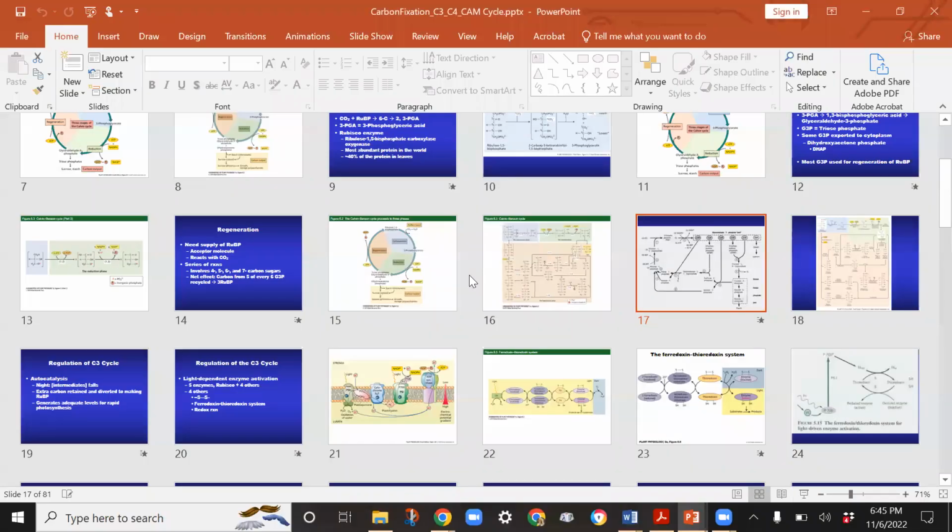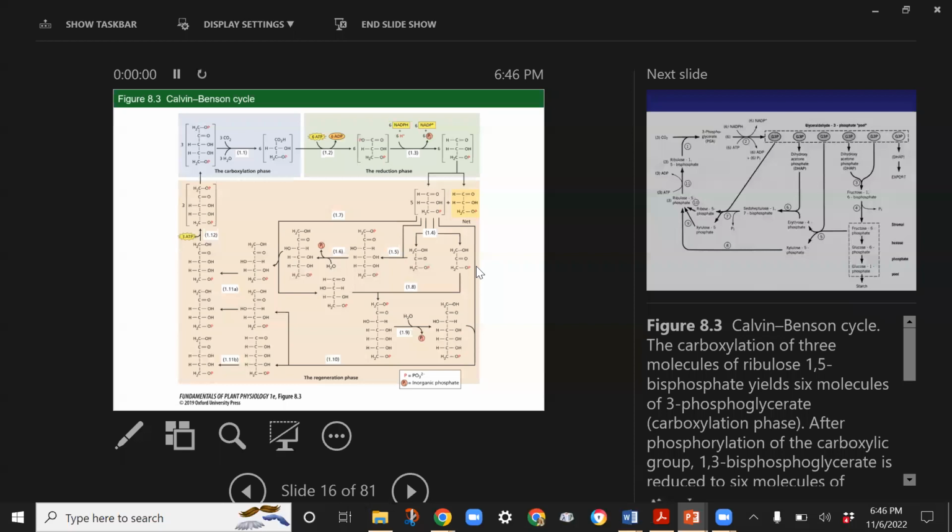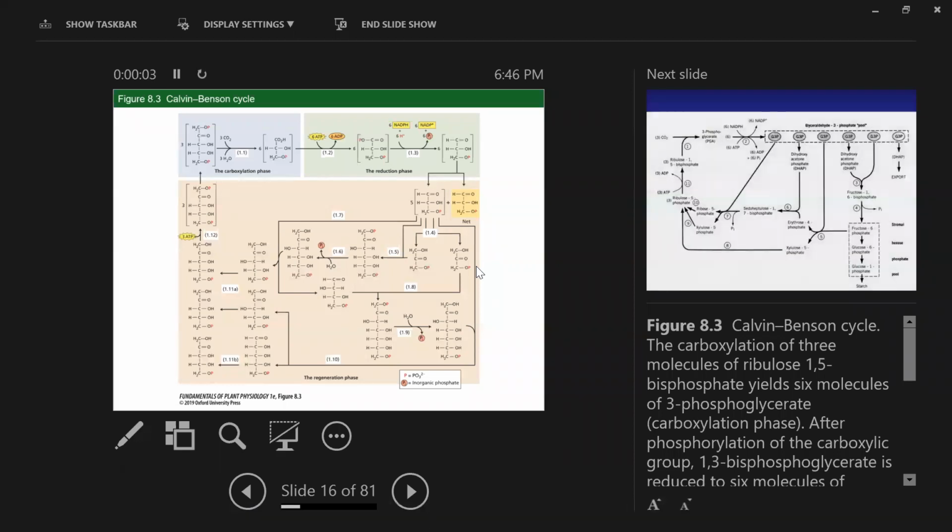What else in this slide set do you have questions on? Or do any of you find that one useful? I put it in there just for studying purposes in case your brain works with it.